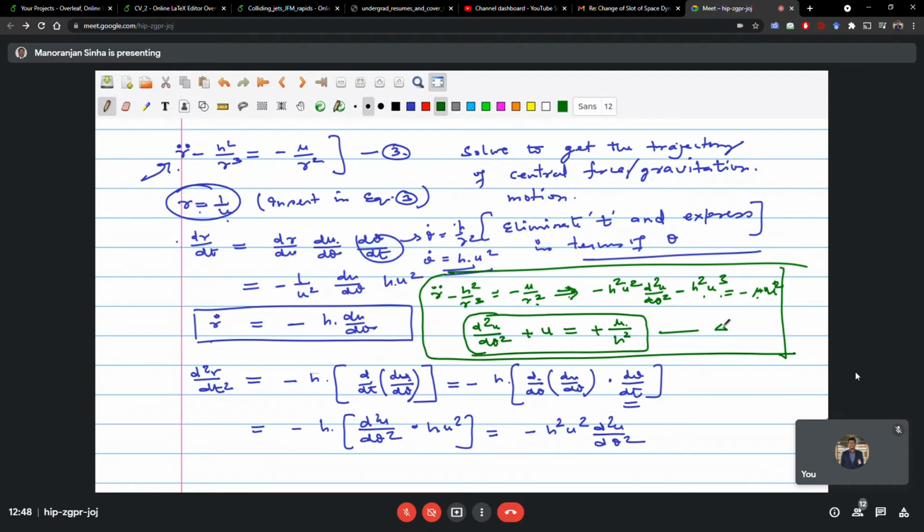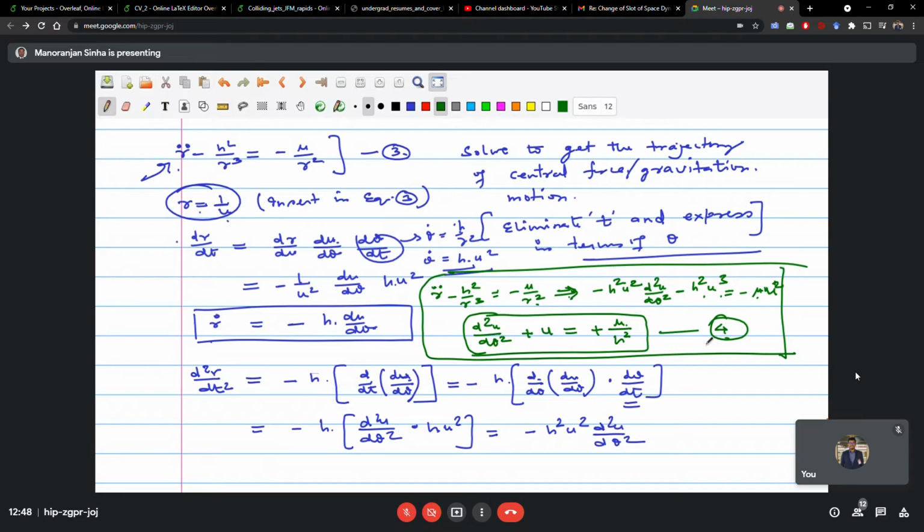This is our equation number 4. So the left hand side appears in the harmonic form, and the right hand side is a forcing function, which in this case is a constant.